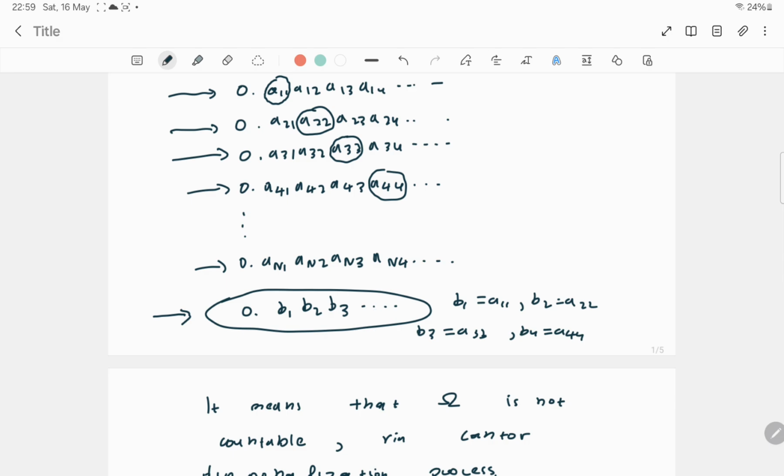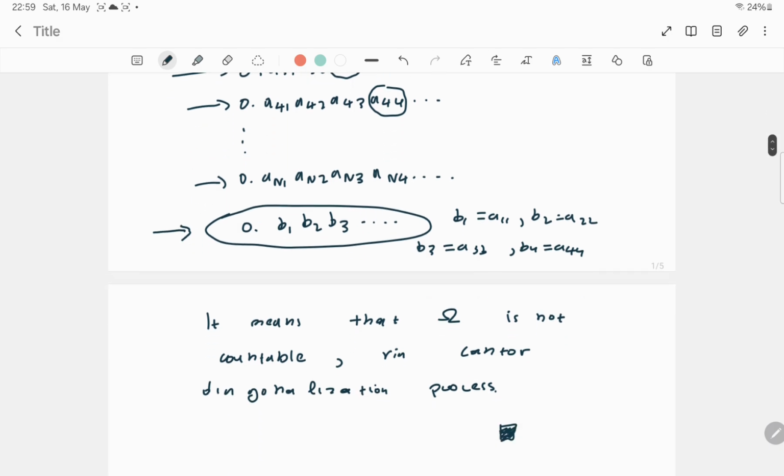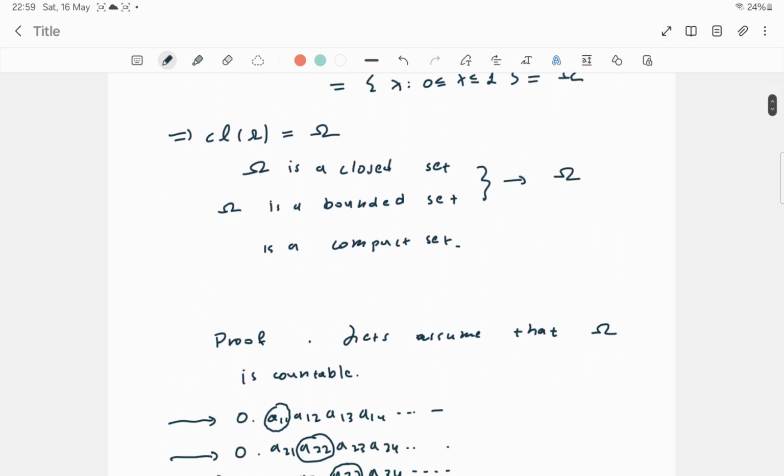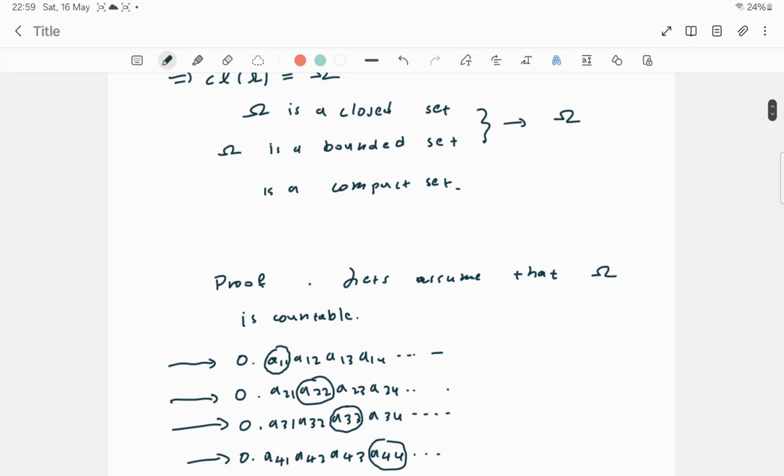If we keep listing these numbers, this one is still not included, so it means that we cannot count all the numbers in the set omega, and the proof is complete. It is a very famous approach by Cantor to prove the uncountability of the closed interval [0, 1].